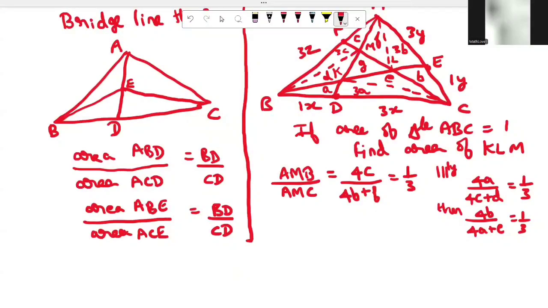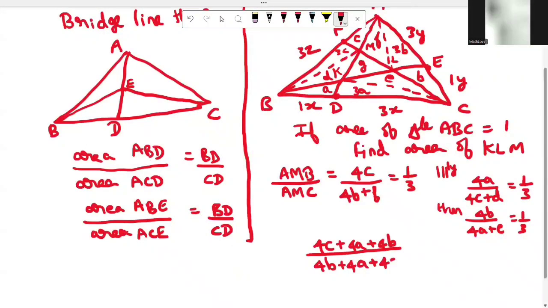So if I do that here, the numerator here is 4C, numerator here is 4A, numerator here is 4B. On adding them, I get 4C plus 4A plus 4B, the whole divided by the denominators 4B plus 4A plus 4C plus D plus E plus F. So this should also be equal to 1 by 3.